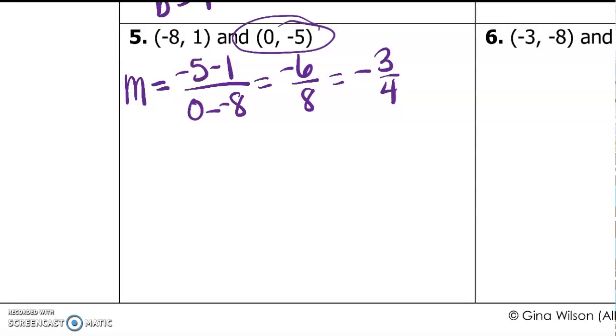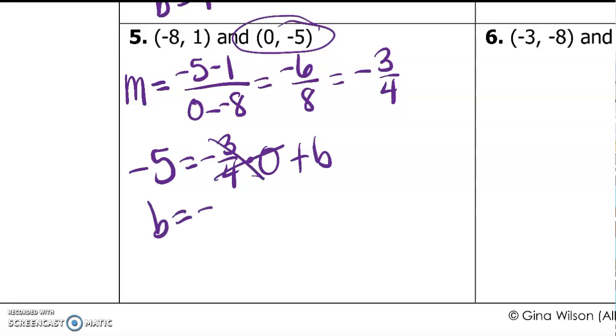So if you recognize that, you wouldn't have to do all of the work. Let's say we don't recognize it, then we would have -5 equals -3/4 times 0 plus b. Again, anything times 0 is 0, so b equals -5. So your final answer is y equals -3/4 x minus 5.